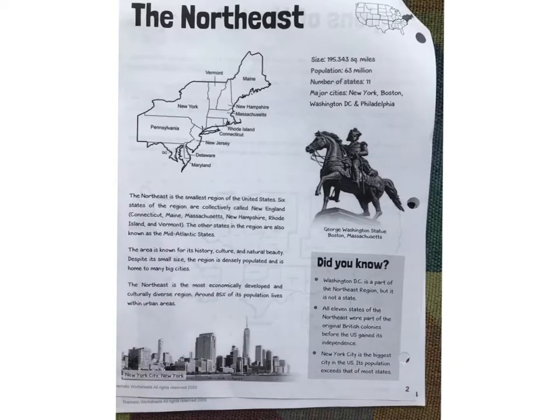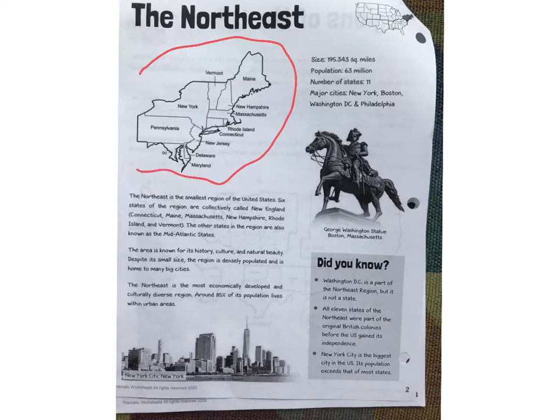All right, so we can see that the Northeast region, this is the part that we just circled right here. Look at all the states that are in the Northeast region. So we're going to do some reading about this region, and then on page 3, you're going to answer some fun little puzzle questions, okay?